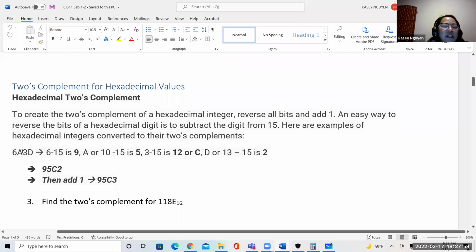Then the next digit here is A, and A is equivalent to 10 in decimal. So A in hex is 10 in decimal, and you would take 10 and subtract it from 15, and the difference between 10 and 15 is 5.